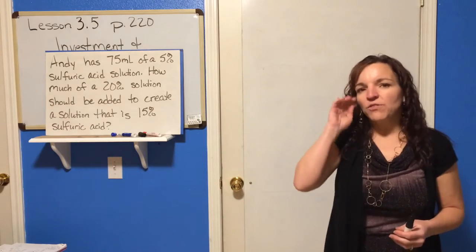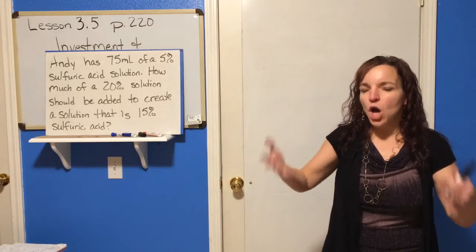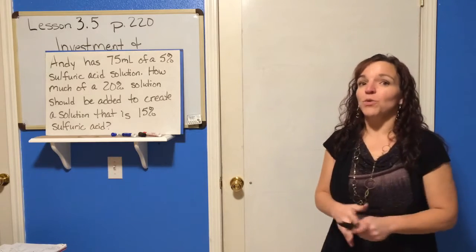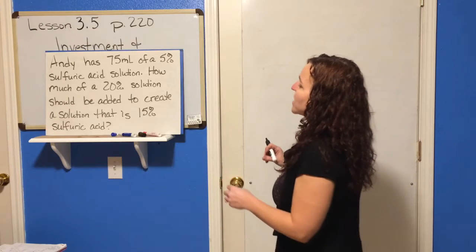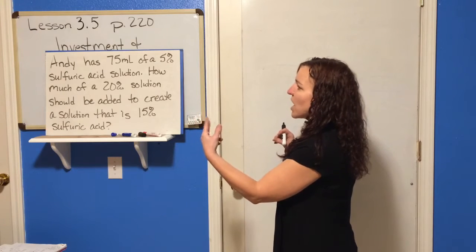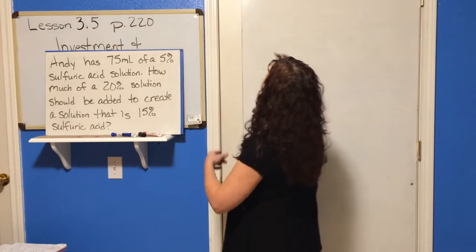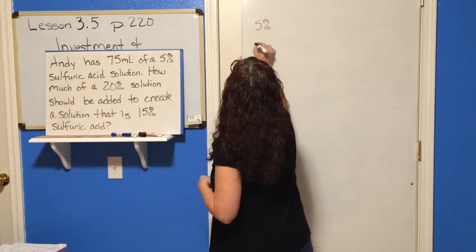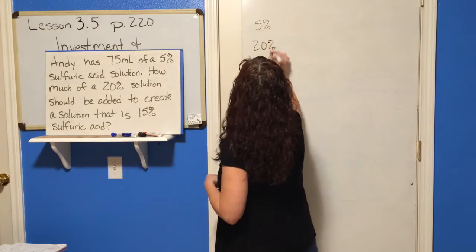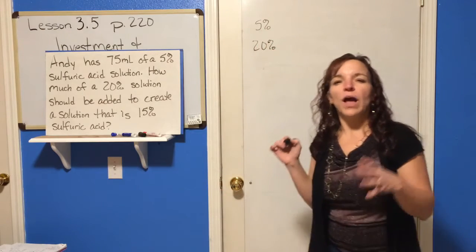So once again, if you can set up a table to show what you know so that you can find out what you don't know, that's going to be the easiest. So we've got 2 different types of solution. We're going to just call it the 5% and the 20%, number 1 and number 2, or however you want to do that.